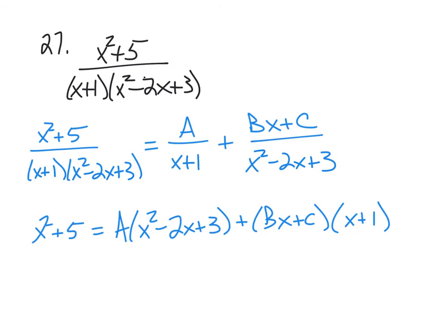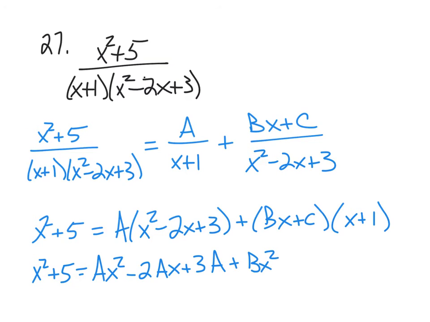I think it's easier to just deal with a system of equations on this. So I'm going to distribute the a, I'm going to FOIL all of this, and then rearrange some things. So be careful on the FOIL.